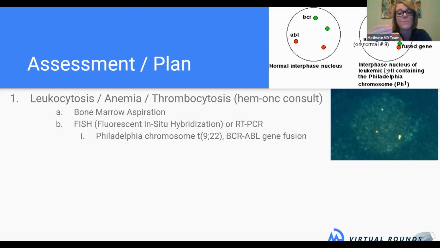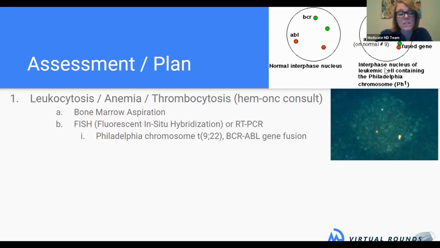This ends up being a translocation. The BCR-ABL gene fusion is what's formed. That gene is a tyrosine kinase that leads to uncontrolled cell growth, hence the leukemia, the very high white count and very high platelet count that we're seeing, lots of cells, but lots of dysfunctional cells. So that's what we're going to look for here.